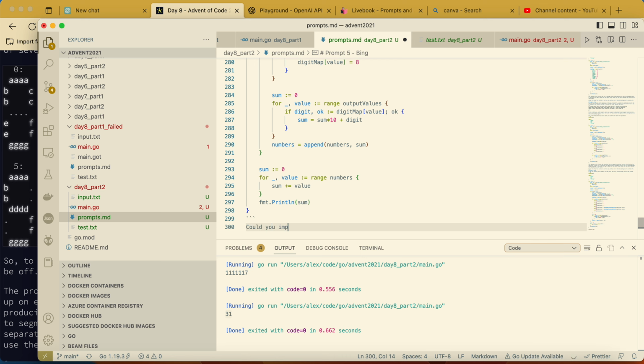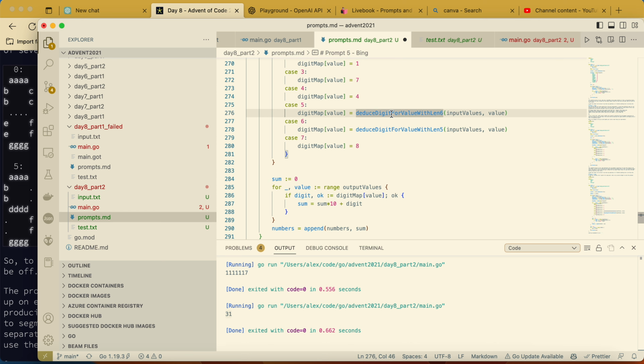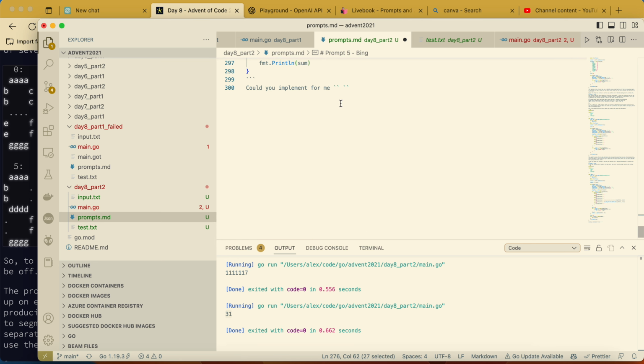Could you implement for me? And what I want is simply these two functions. Let's make that not be so wrong with. Thank you.